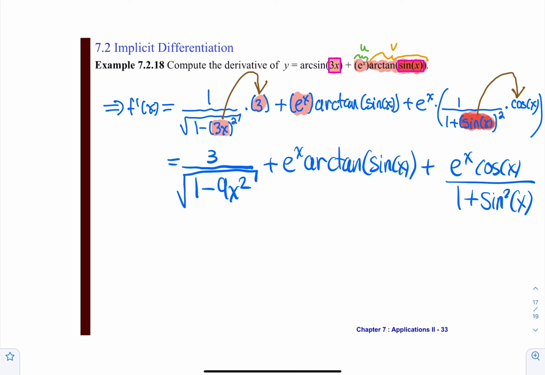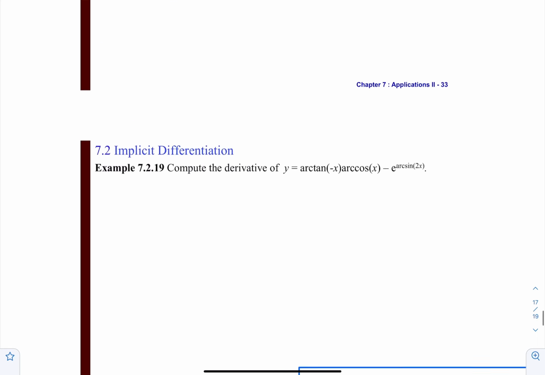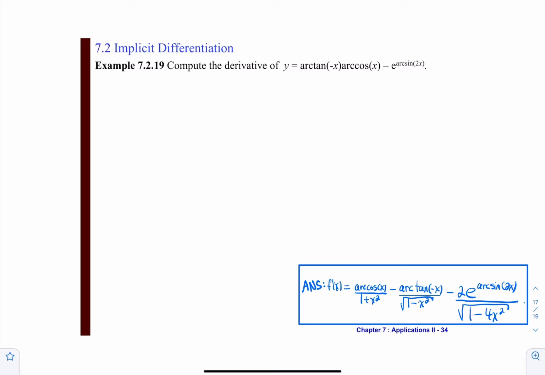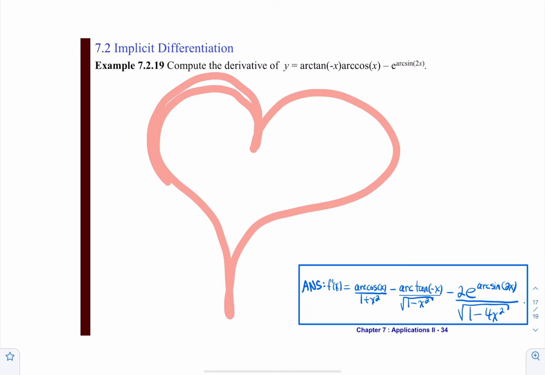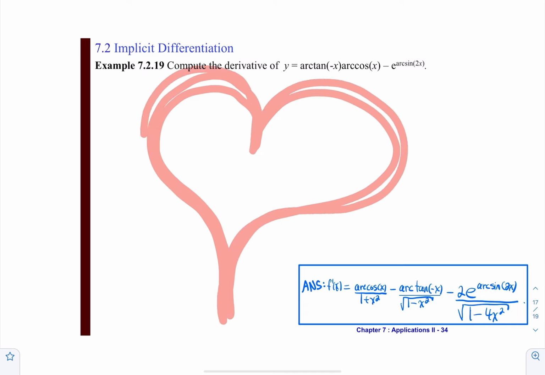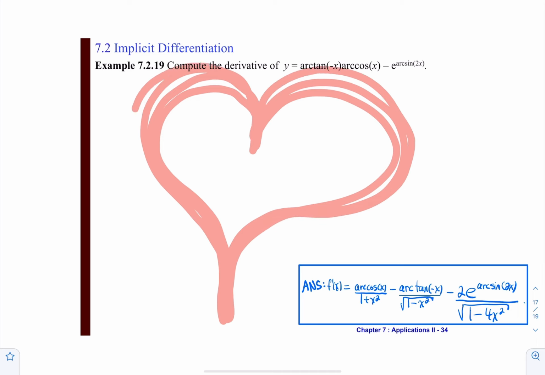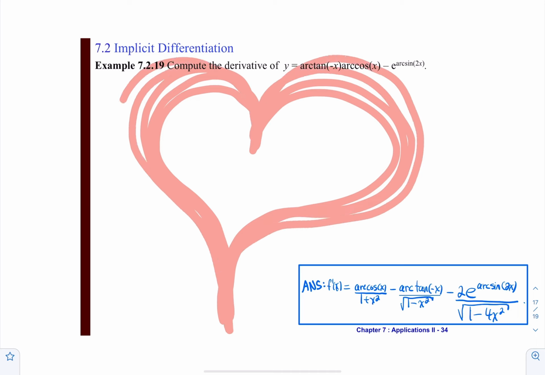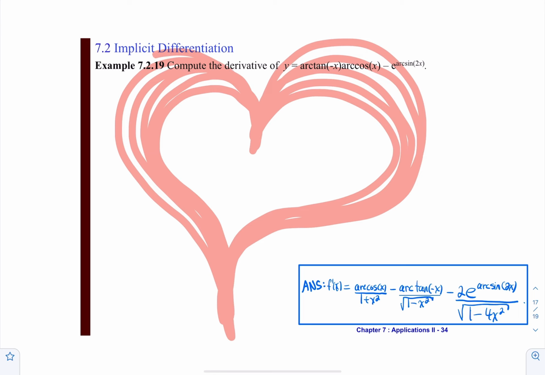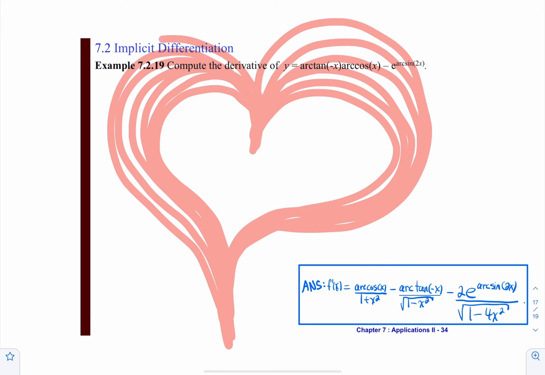I'll let you do the other example as an exercise. But that covers those inverse trig functions: where they come from, how they are defined, how you construct their derivatives, and how to use them in more complicated functions involving inverse trig functions. That's it. That's all. Bye-bye.